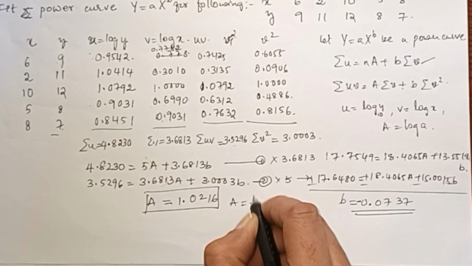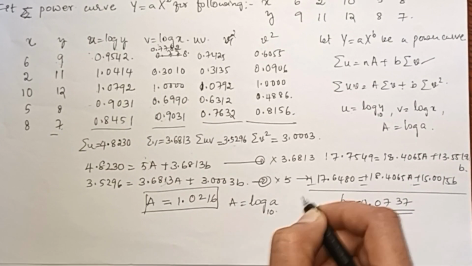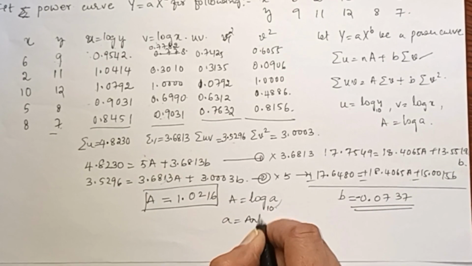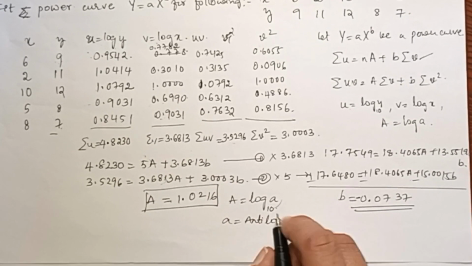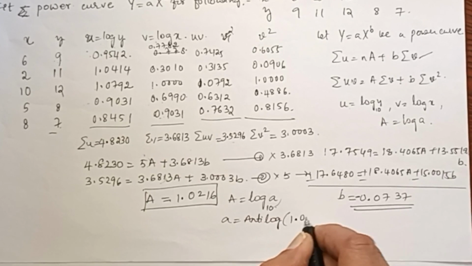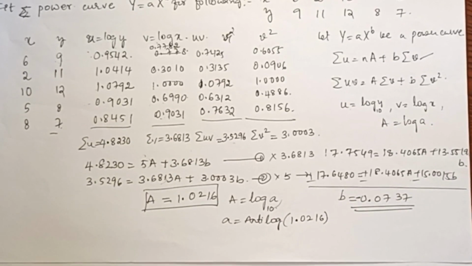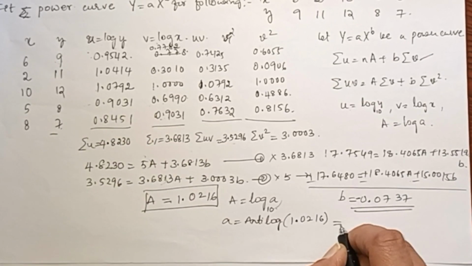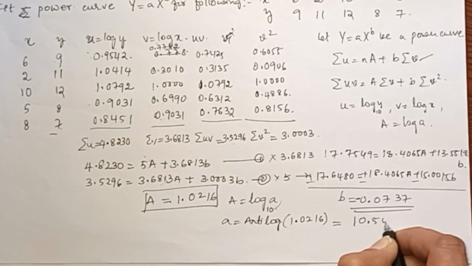A equal to log of a to the base 10. We need a small letter a. So a equal to anti-log of 1.0216, which is equal to 10.5099.